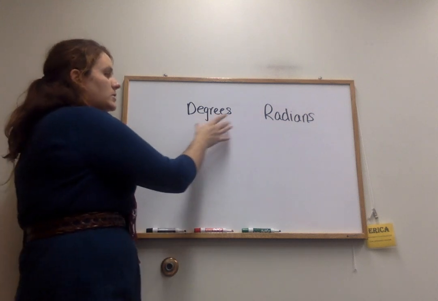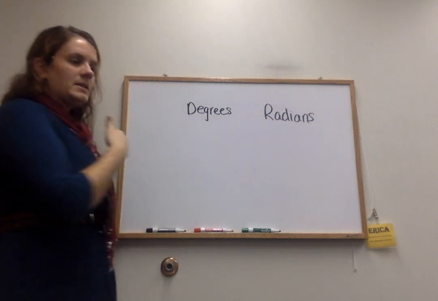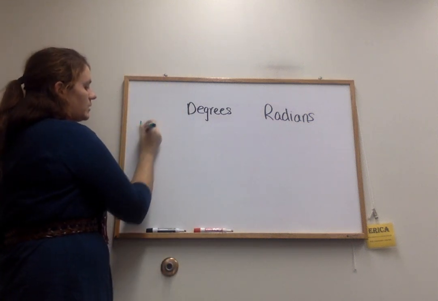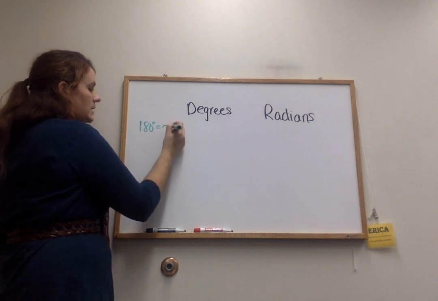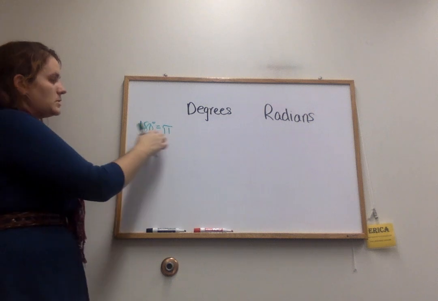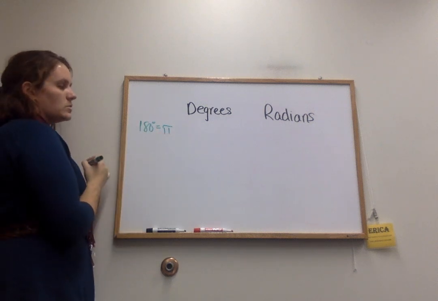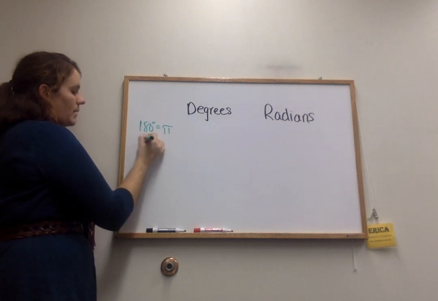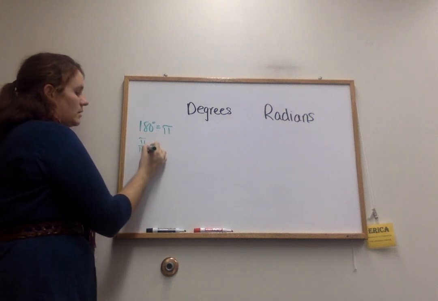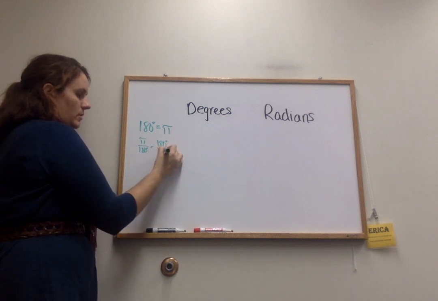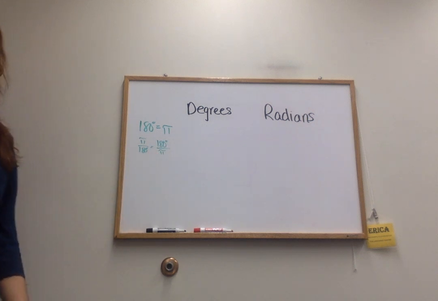So in order to do this, it really is based on the fact that 180 degrees is equal to pi radians. Okay? This relationship is very important because what it allows us to do is to make a fraction, something like pi over 180, which is actually equal to the reciprocal of that, 180 over pi.